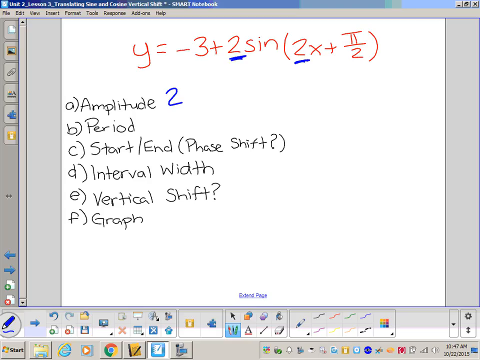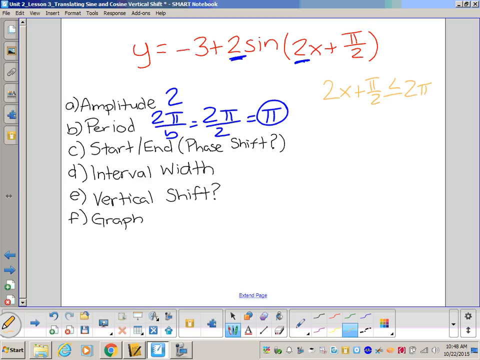B still the number in front of x. To find the start and the end, we're doing the same thing.